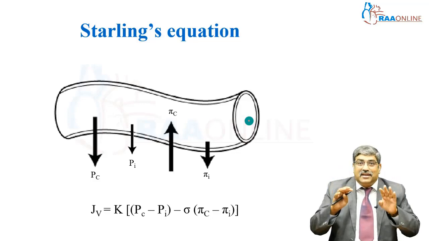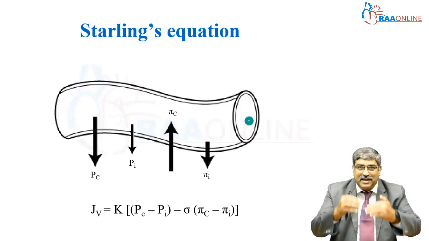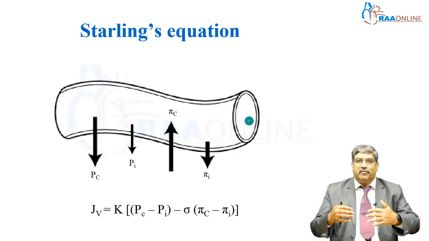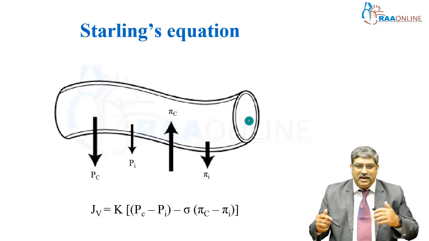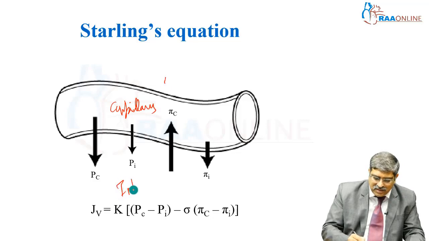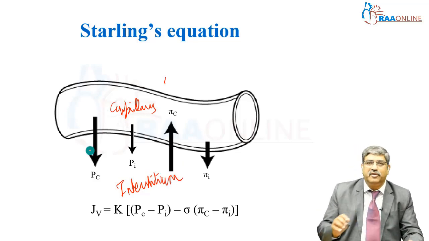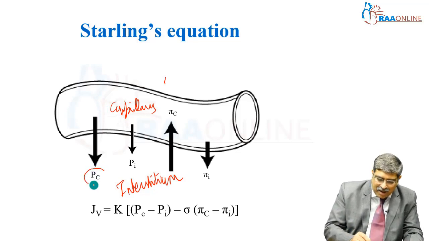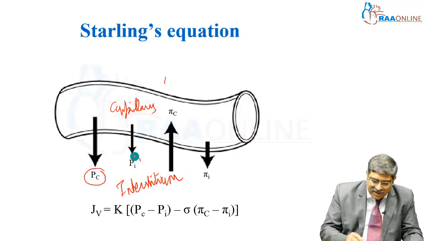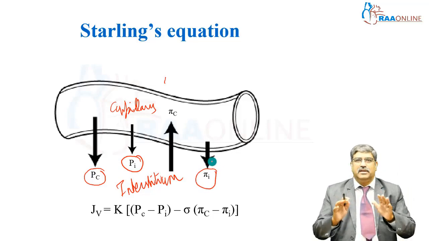Now look at these four major factors. What are the factors which retain the fluid in the capillary, and what are the forces which bring the fluid to the interstitium? This is the capillary lumen and this is the interstitium. Three forces try to move the fluid out of the capillary: capillary hydrostatic pressure, interstitial hydrostatic pressure and the oncotic pressure of the interstitium.